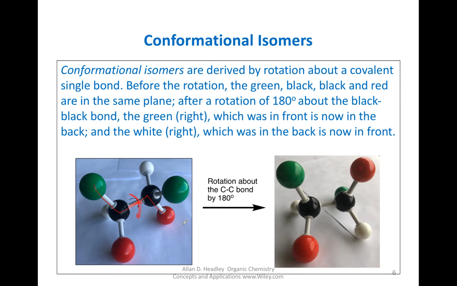What you'll see is that this red comes up to the top, and that's shown right here. And you'll see that this green that's in front now goes to the back, and this white that's in the back now comes to the front. So I'm keeping this carbon here stationary and rotating this group about it.